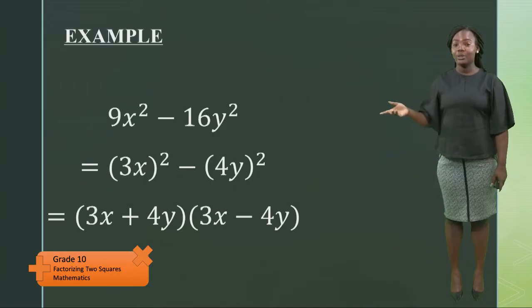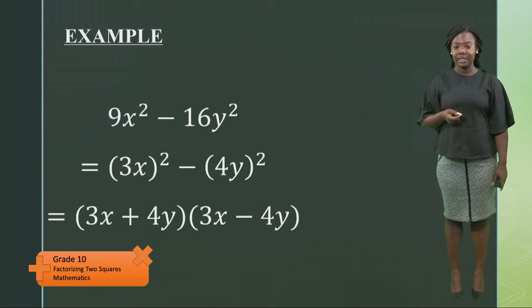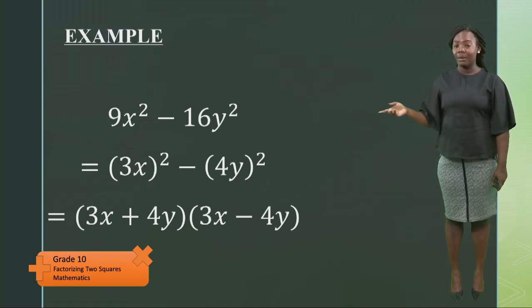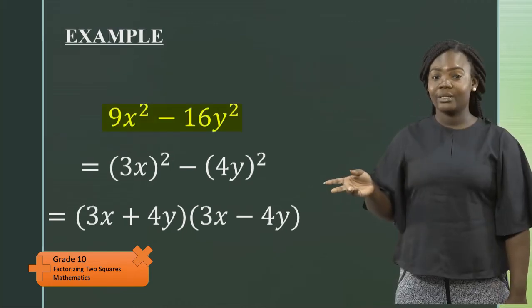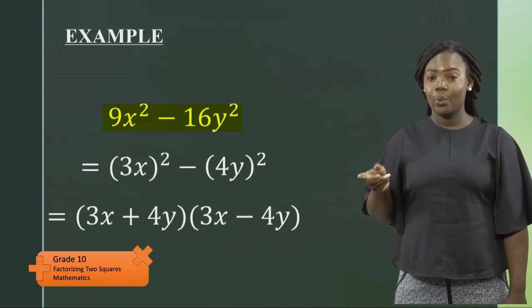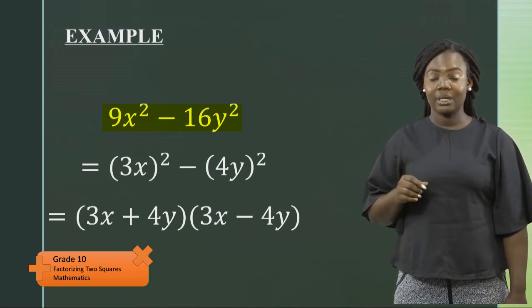Here we have yet another example with a little bit more terms for you to consider. Now remember, here we have a binomial, because a binomial is a polynomial with 2 algebraic terms, 9x squared, and then we have 16y squared. Each of those is considered an algebraic term.